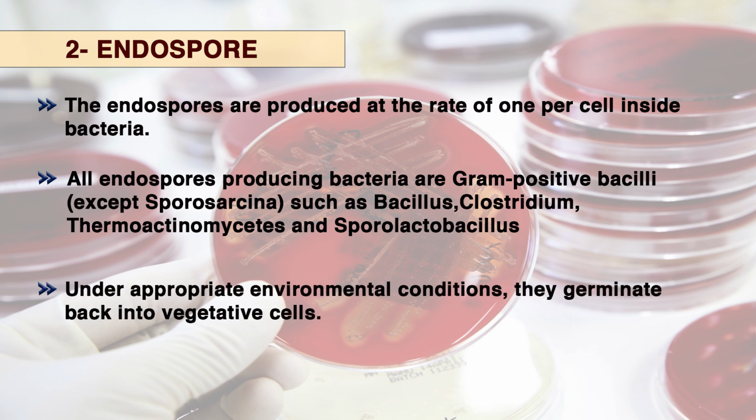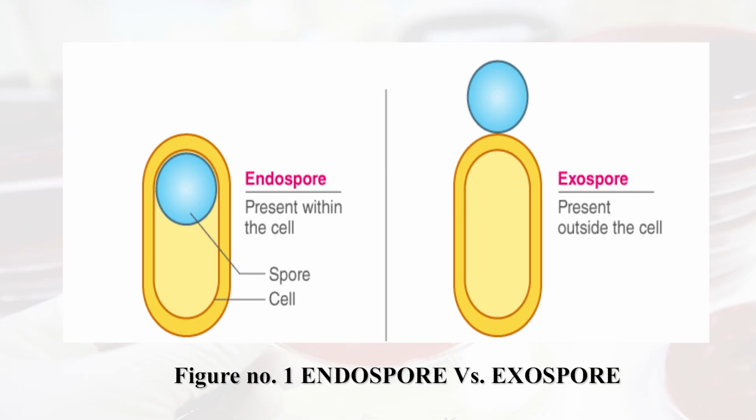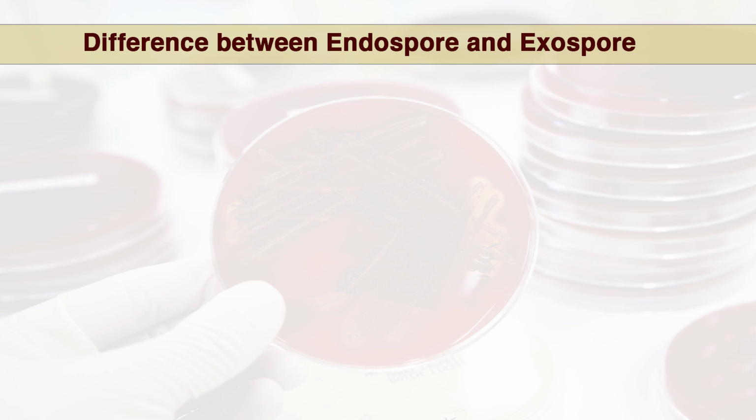Under appropriate environmental conditions, they germinate back into vegetative cells. In this pictorial representation, you can see the structure of the exospore and endospore very clearly in figure number 1.